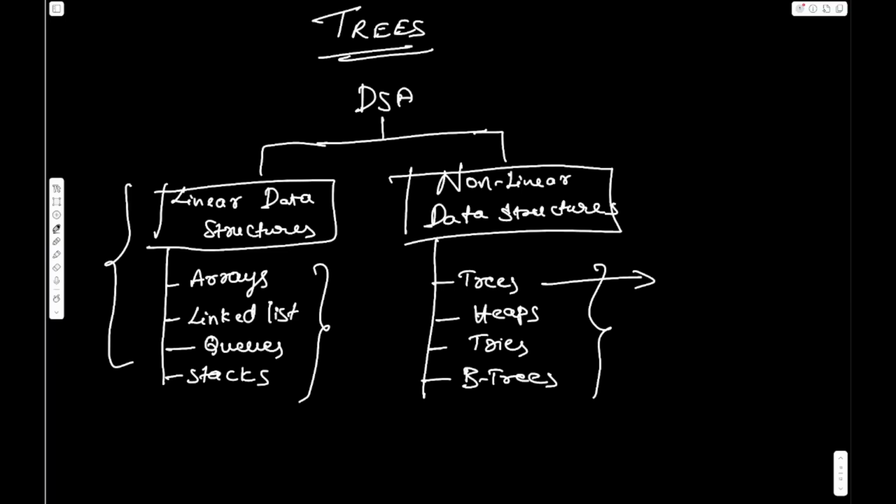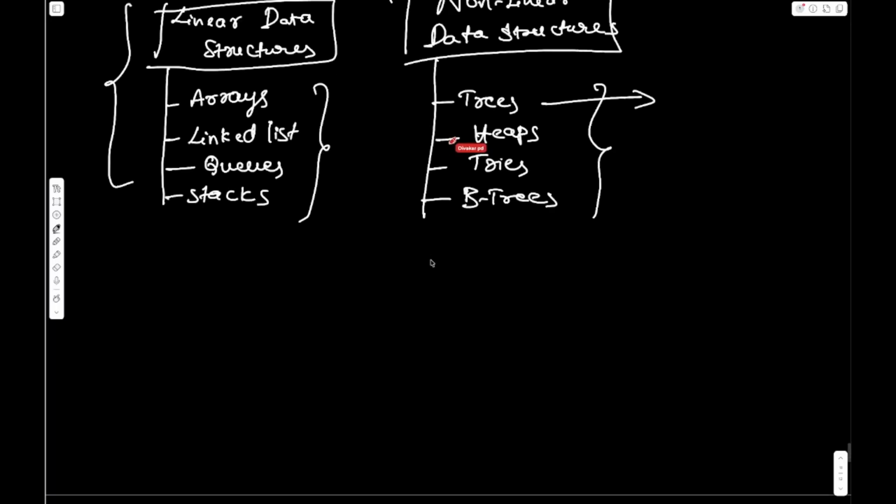So what is a tree? A tree is a non-linear data structure consisting of nodes connected by edges. Unlike linked list, where every node points to only one next node, a tree node can have multiple children. Let's see one example of a tree.